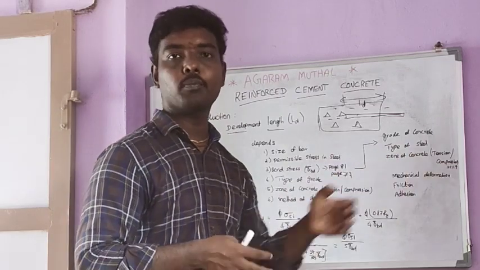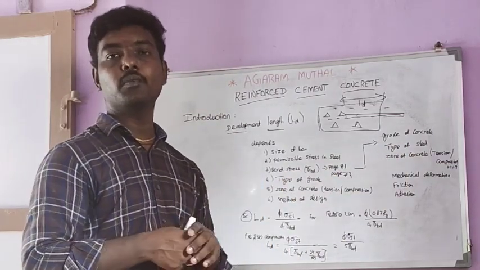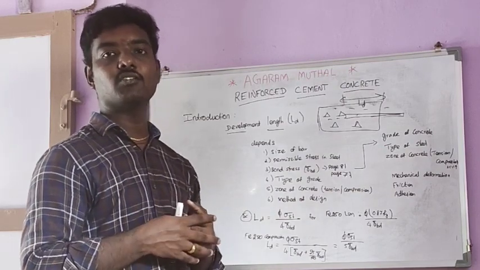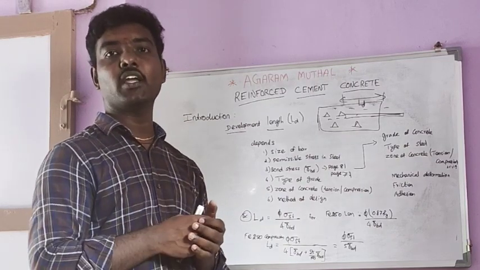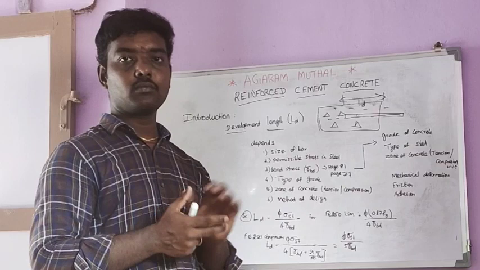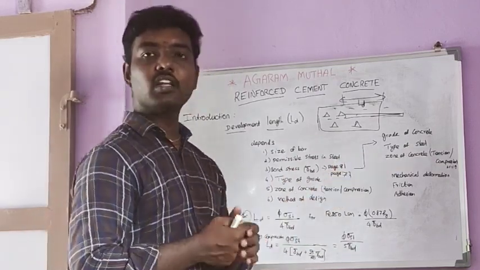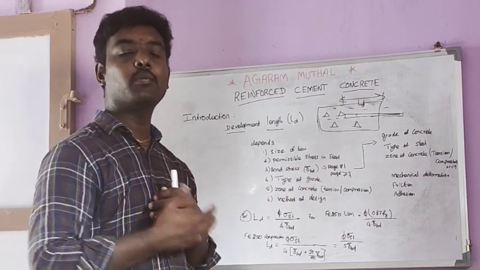If we are proposing steel at the compression zone, our bond strength becomes 25% higher. So when we are calculating the bond strength, we take the normal strength plus 25% and put it in the formula. Then the mechanical deformation, whether deformation is created after incorporation or not.